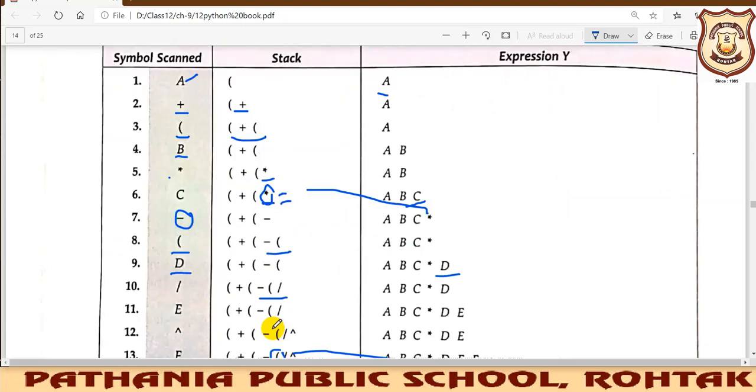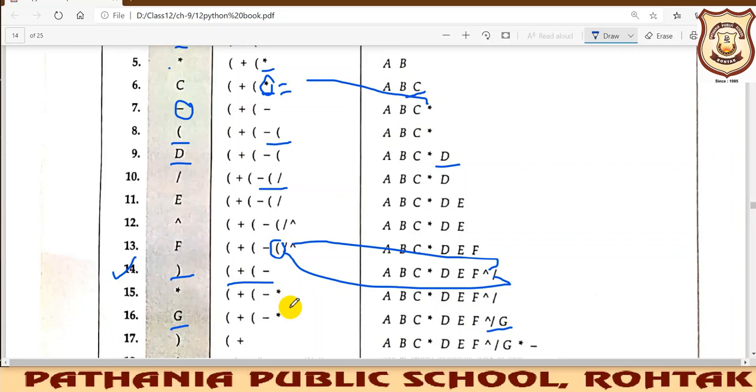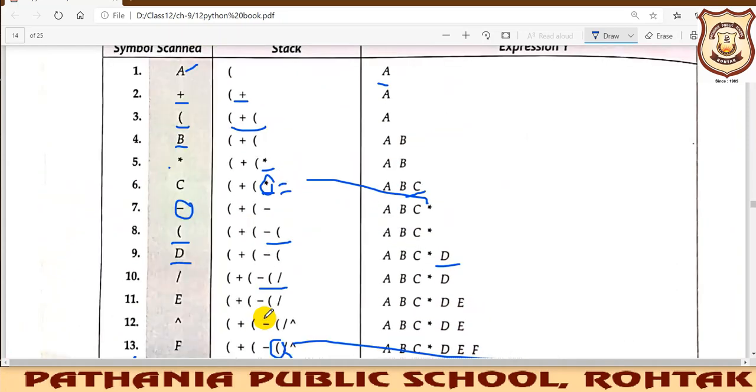Again, when these round brackets are closed, we are at this step 17. When this symbol is encountered and the bracket gets solved, whatever operators are inside these two brackets will be shifted out of the stack. This multiplication will be shifted first and then this minus afterwards.